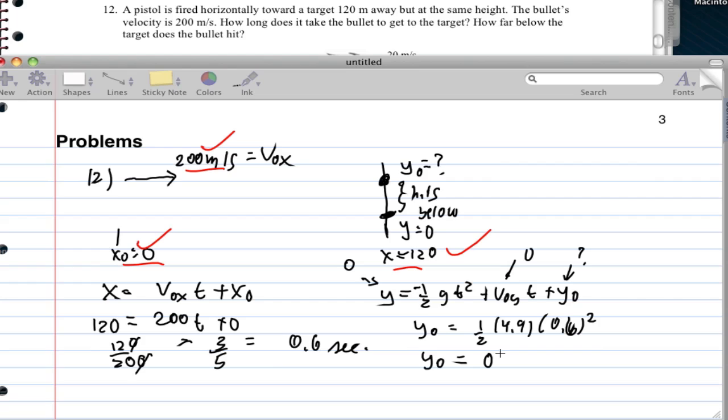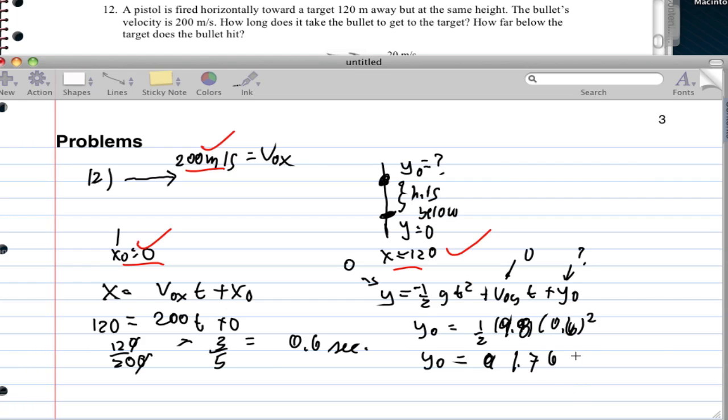I'm getting 1.7, this is 1/2 times g times t squared. So this is actually 1/2 times 9.8 times 0.6 squared.